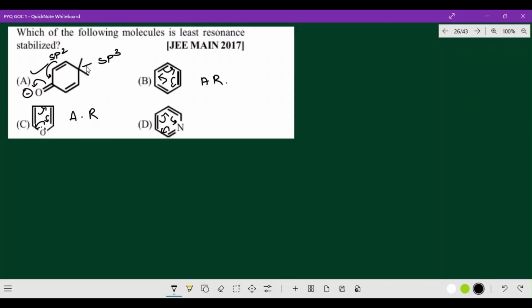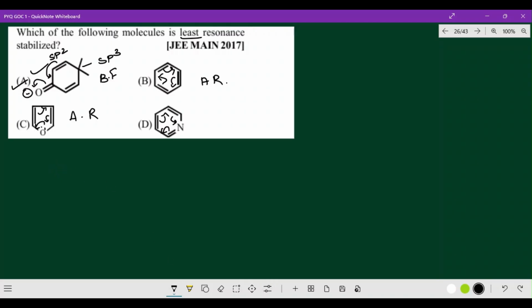Because here a bond effect takes place: sp2 hybridization here, sp3 hybridization here. So there is no conjugation effect, and delocalization of electrons is not taking place. So which is the least resonance? Here it is only half taking place, whereas at this point it is not taking place. So option A is the least resonance. Hope you got a better idea about this question.